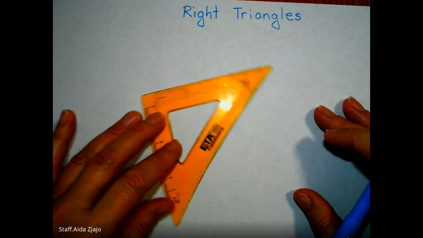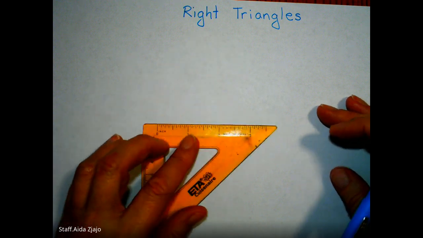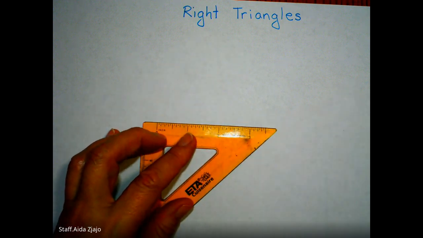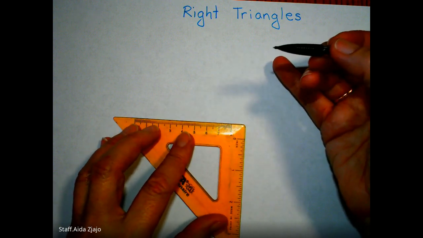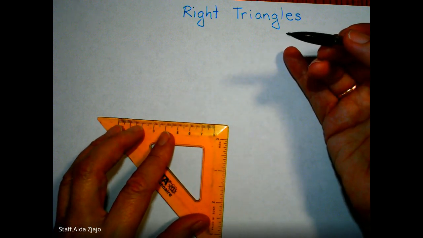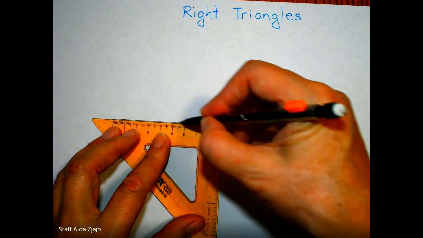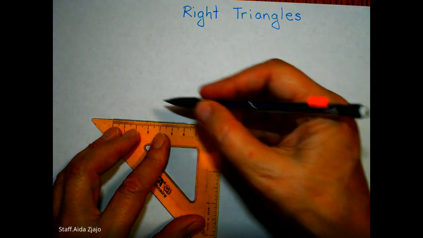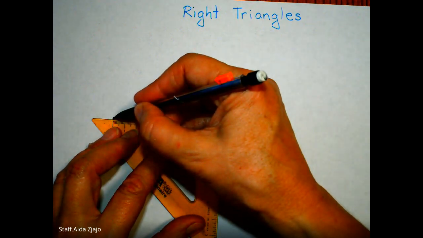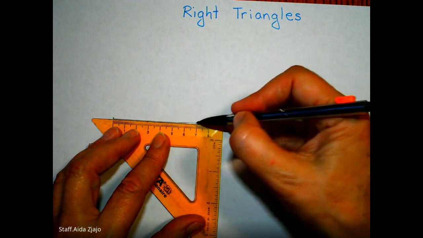The first one, I could just draw a line. For example, I can start right here, my line. Okay. So if I would like my line to be 7 centimeters, I can start from this point and go all the way to here.